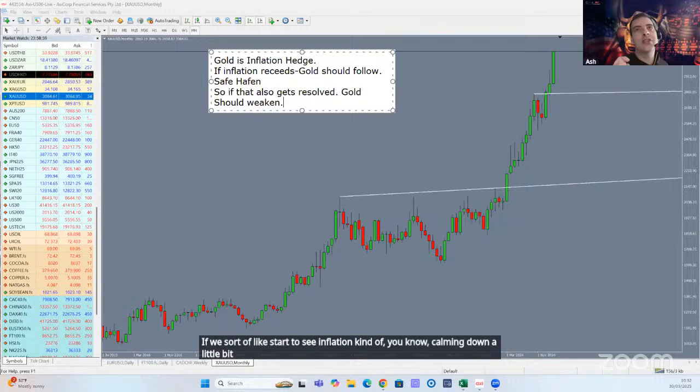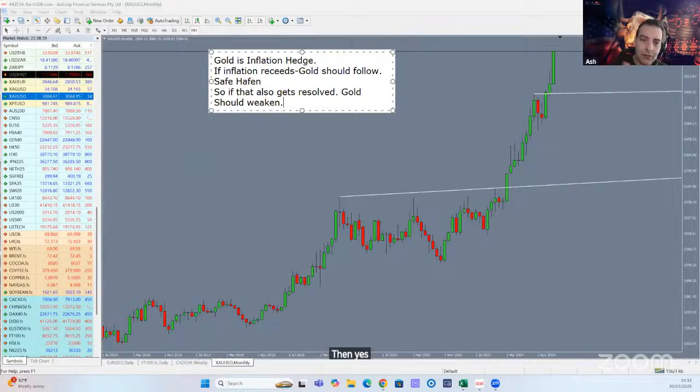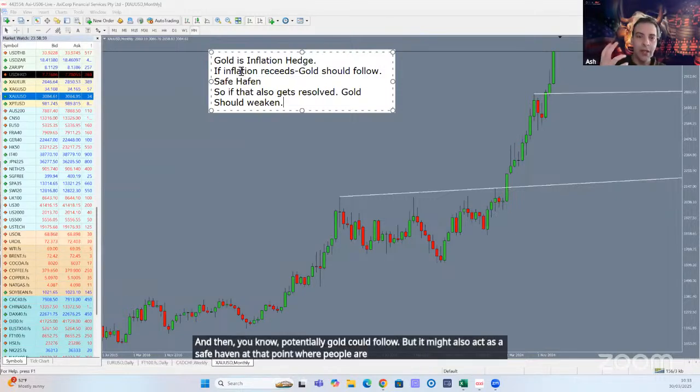Now at this stage, the central banks haven't got any real confidence that inflation is going to be dumping. There are signs. If Donald Trump weakens the economy sufficiently, then yes, we would see inflation start to weaken, and then potentially gold could follow, but it might also act as a safe haven at that point where people are like, well, where am I going to put my money?